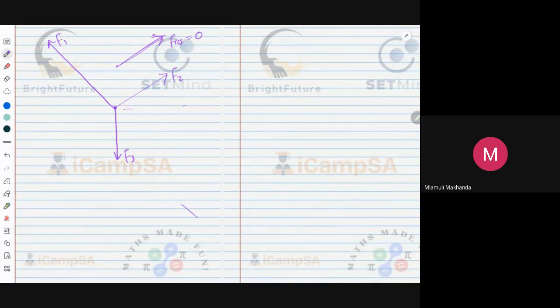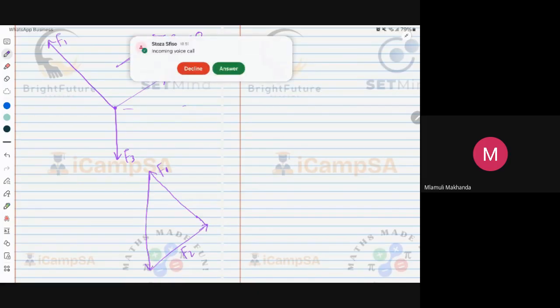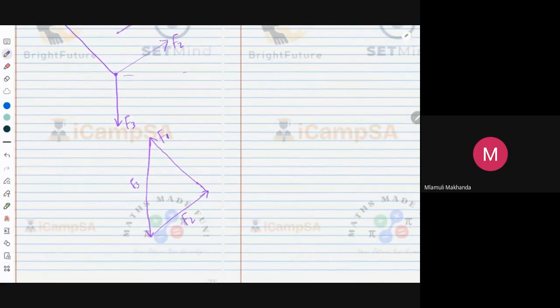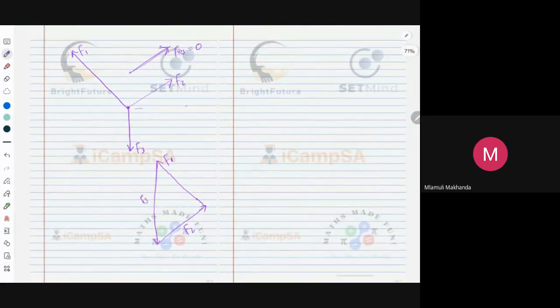See, F1 is going there, right? And then you have also F2 going there, right? That's F2, that's F1. Then you have F3 coming down there. That's F3.